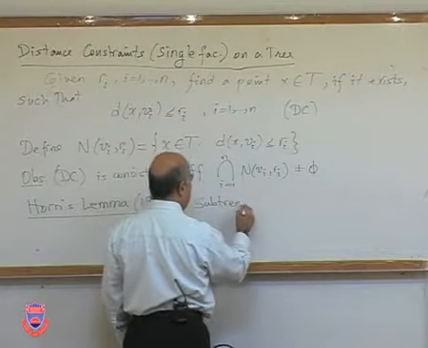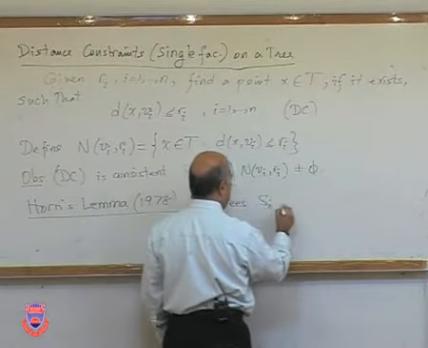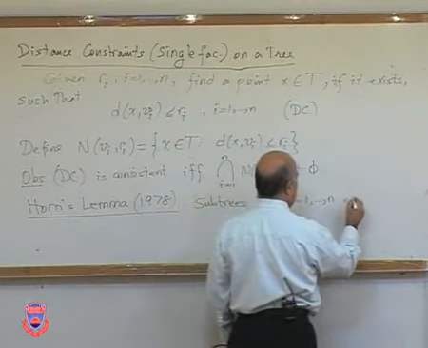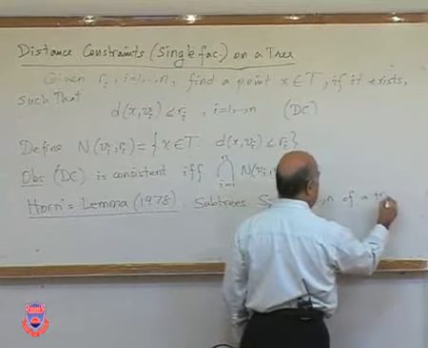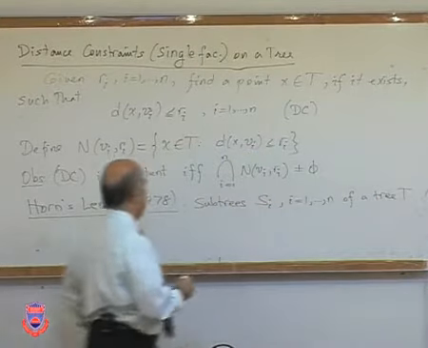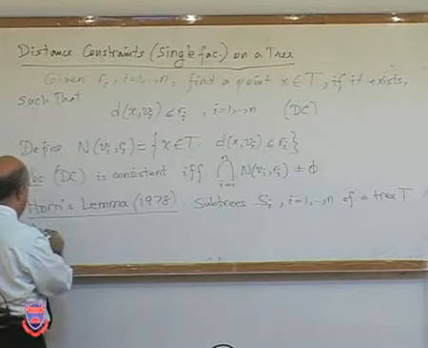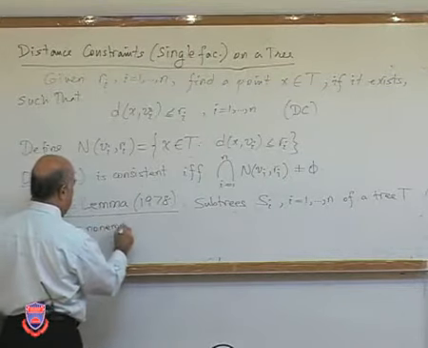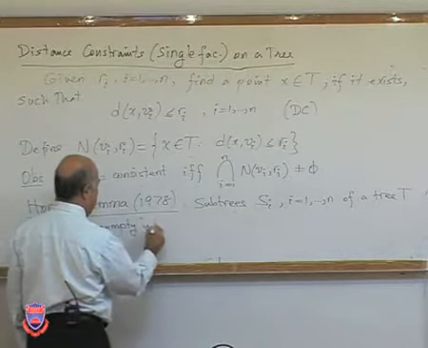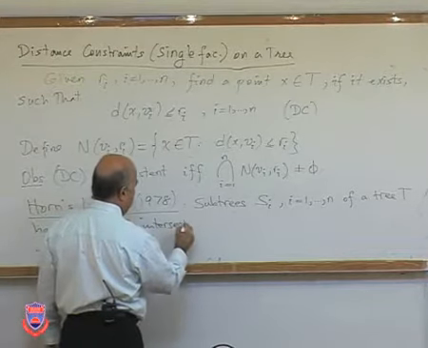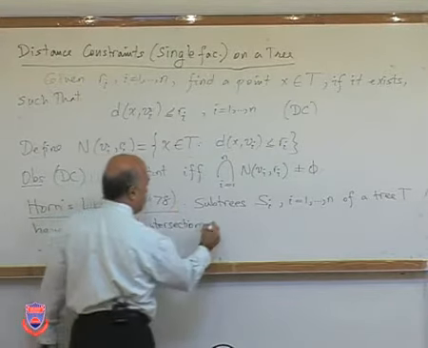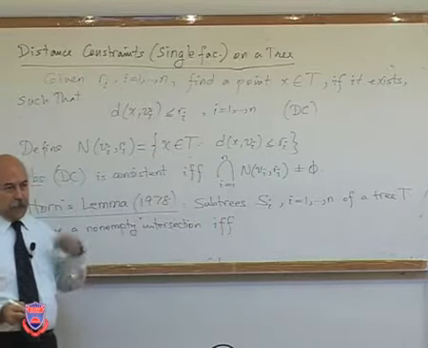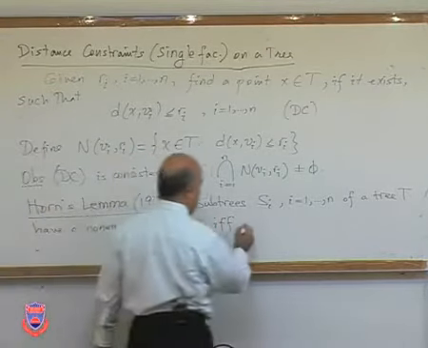Subtrees Si, i = 1 to n, of a tree T have a non-empty intersection if and only if every pair of them has a non-empty intersection.